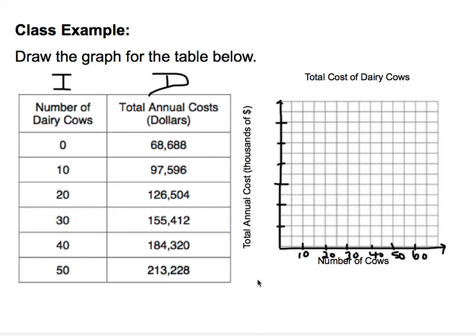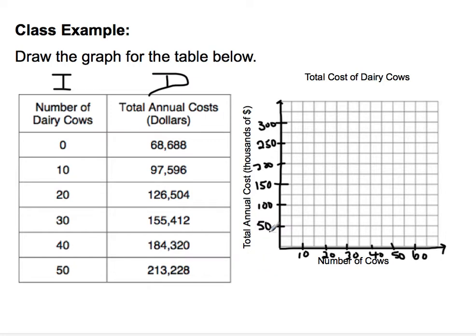So each of them is going to be thousands. So I'm going to have 50,000, 100,000, 150, 200, 250, 300.